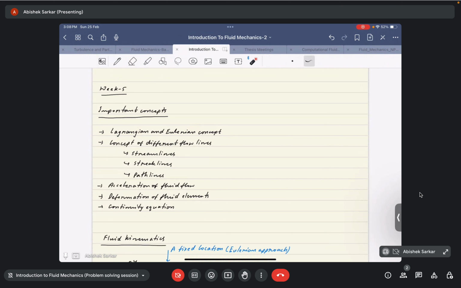I'm sure that Professor Chakraborty has discussed it thoroughly and in detail, under what circumstances they are similar and how they are different.